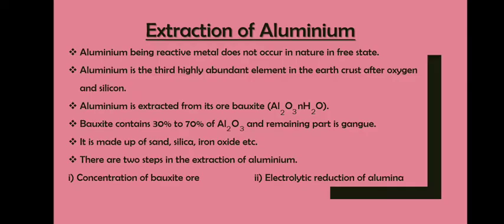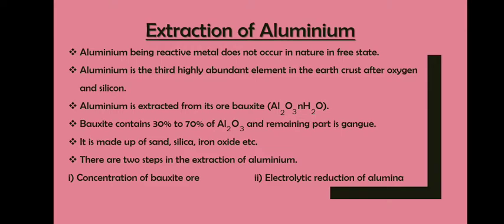Then extraction of aluminium. Aluminium, being a reactive metal, does not occur in nature in free state. Aluminium is the third most abundant element in the earth's crust after oxygen and silicon.